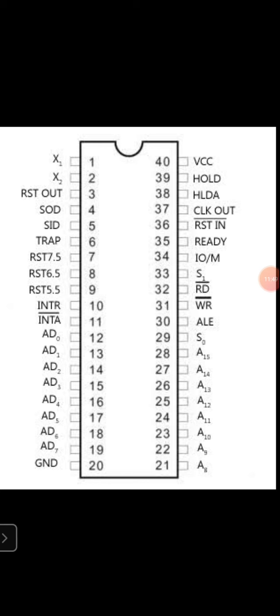How do we draw the clock pulse? Just equal intervals of time. The on time is equal to the off time. Every time the on time is the same, and every time the off time is the same. Is it not?